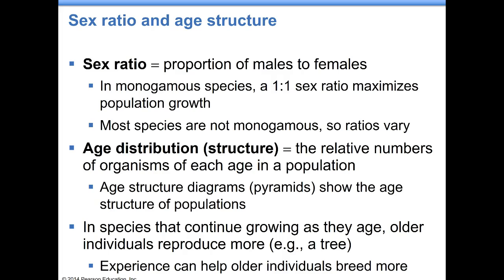But the sex ratio is just the proportion of males to females. When we look at species that are monogamous, where it's one male to one female, we tend to see a 1-to-1 ratio, and that really helps to maximize the population growth. But as we know, population species are not monogamous, and because of that, the ratios are going to vary.